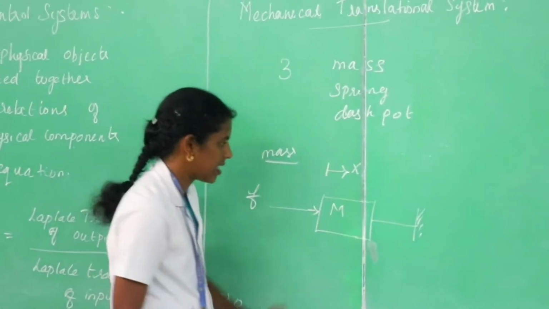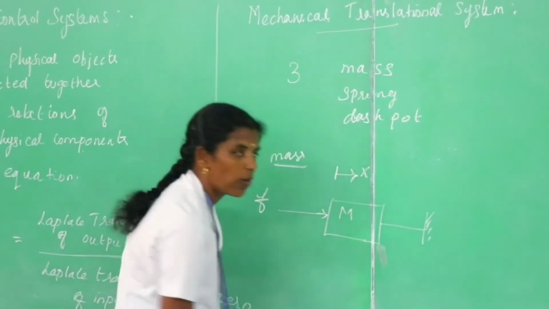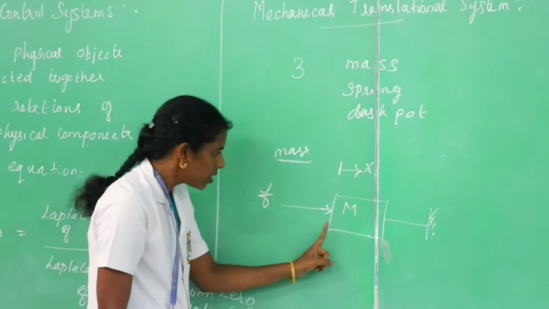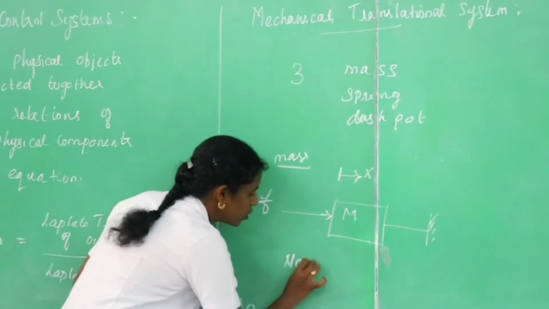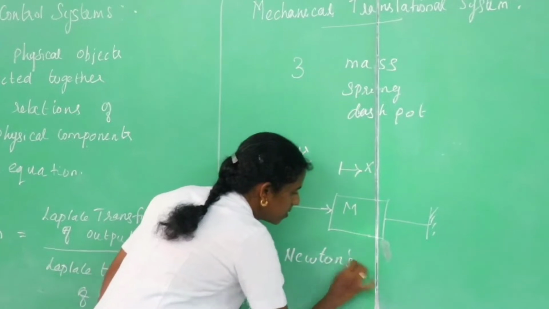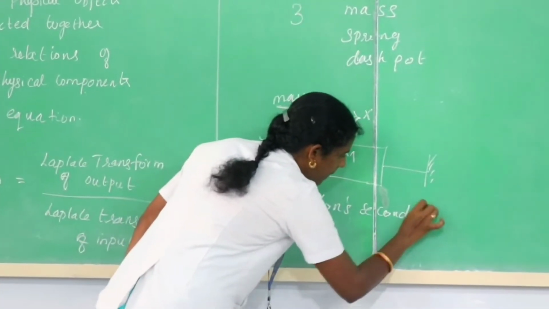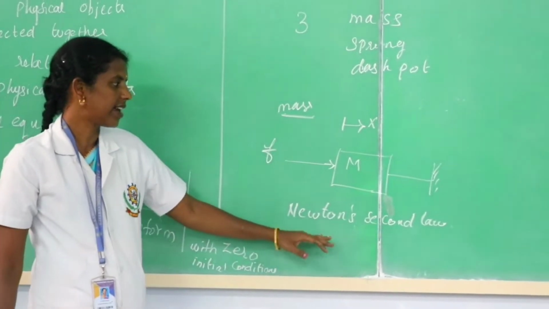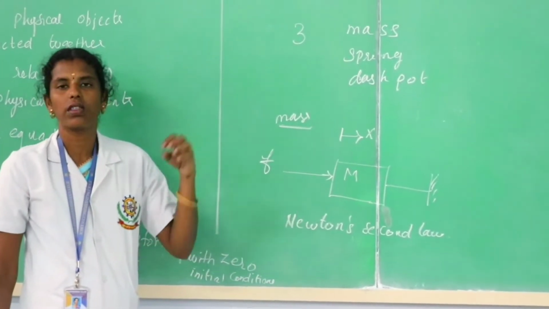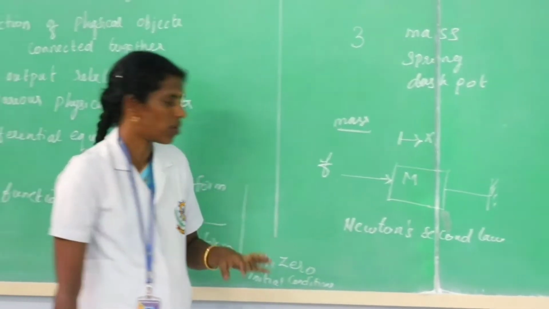It is considered as X and it is connected to one reference plane. This force balance equation can be written by Newton's second law, which states that the forces acting on the body sum to zero.